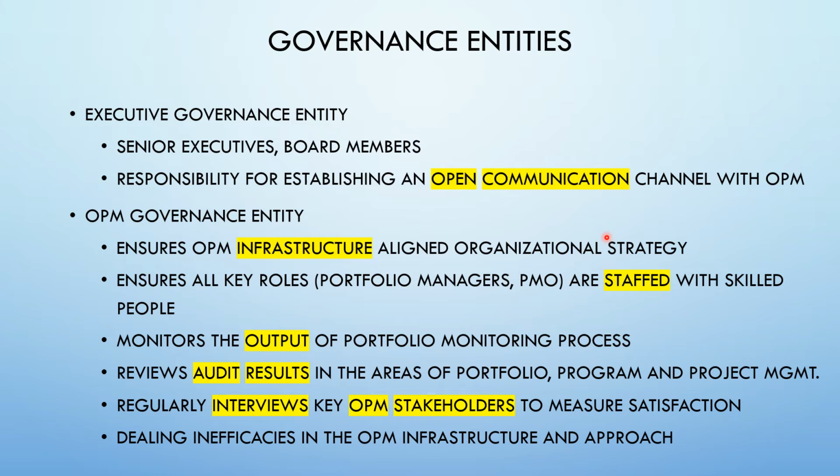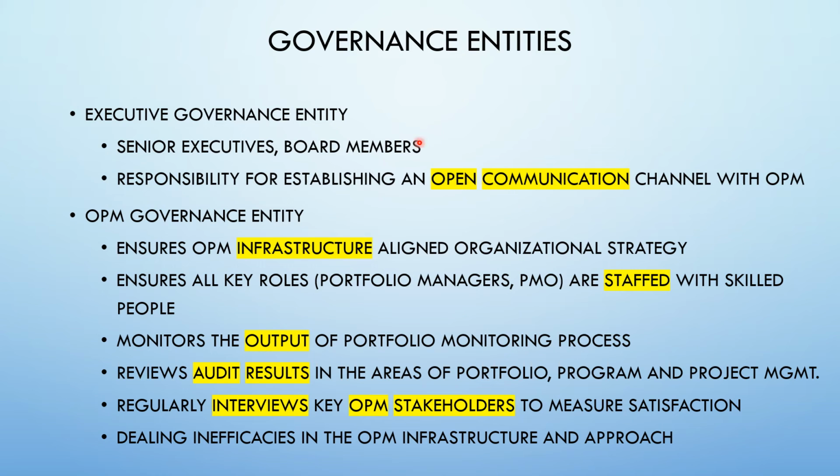And finally, let's look at the different governance entities that are going to be established. There is an executive governance entity, which mainly includes senior executives and board members. The responsibility of the executive governance entity is to establish an open communication channel with the OPM governance entity.